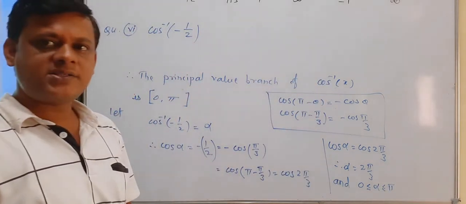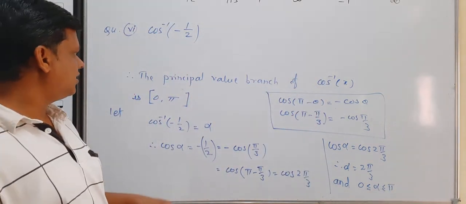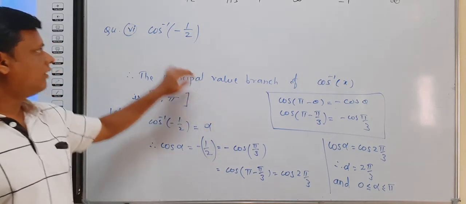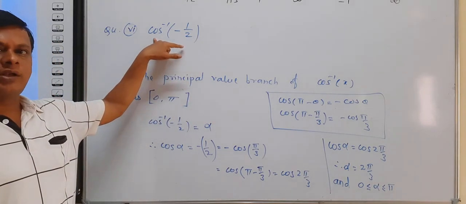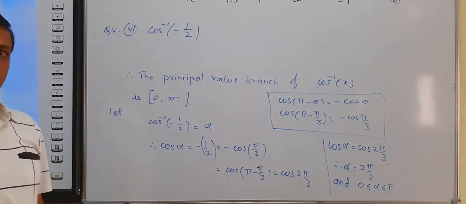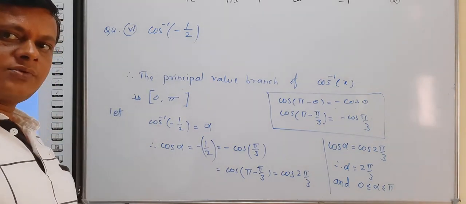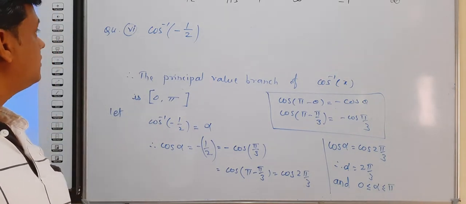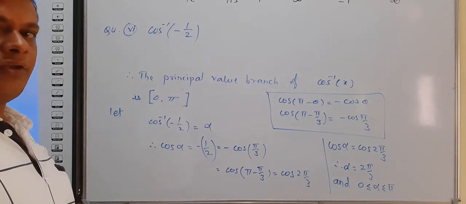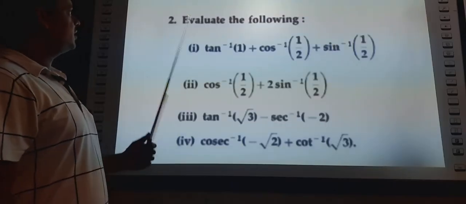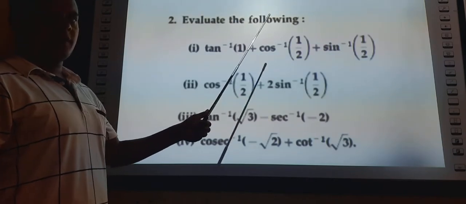Therefore alpha equals 2 pi by 3 is the principal value of cos inverse of minus 1 by 2. In this way we can solve problems on principal value.